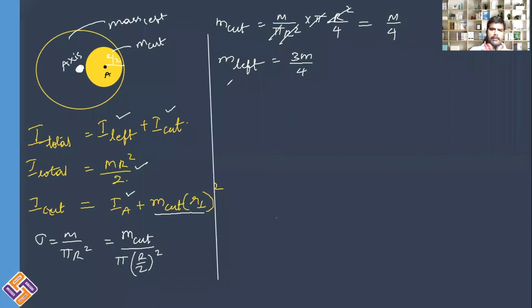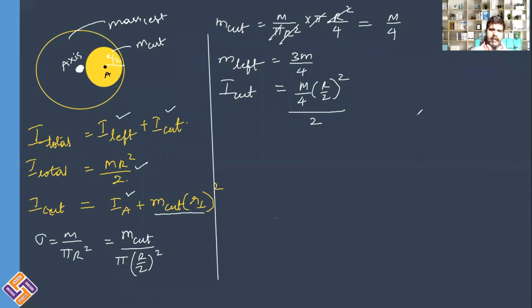Now I want to calculate moment of inertia of the cut portion. This is equal to moment of inertia of this object at A, which is m r square divided by 2. That is M by 4 into r by 2 whole square divided by 2. This is mass, this is radius r by 2.